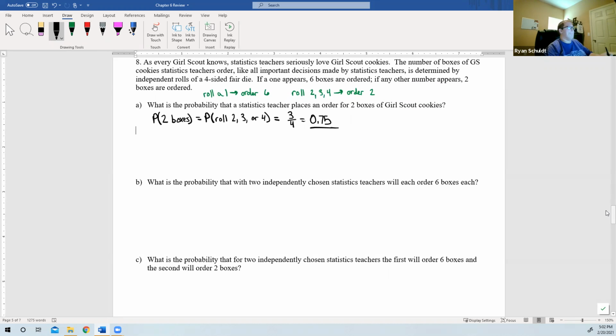Okay. B, what's the probability that with 2 independently chosen statistics teachers, each will order 6 boxes? So let's come down here and let's define some events.